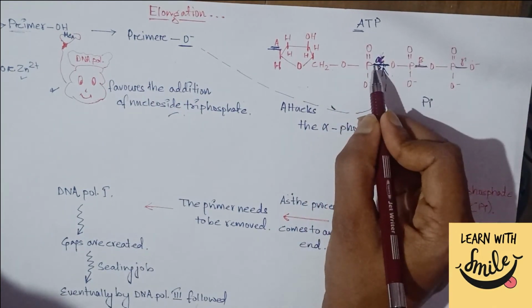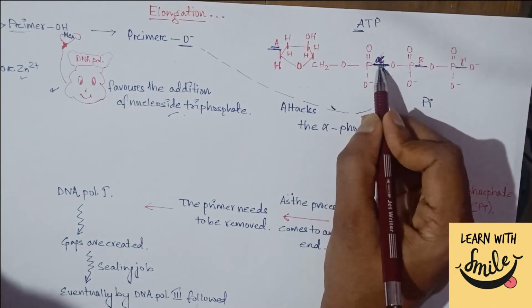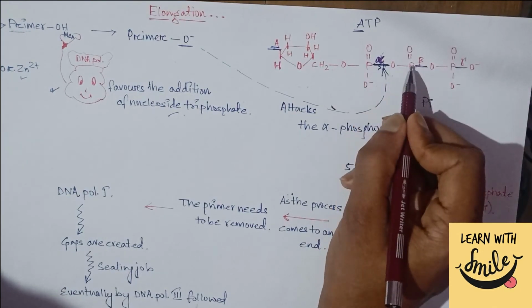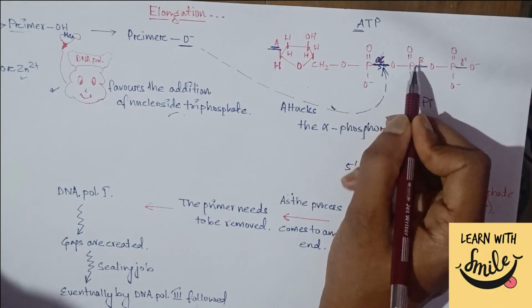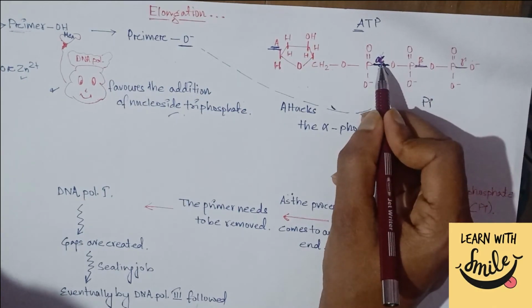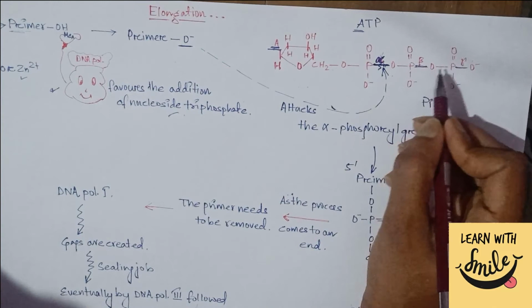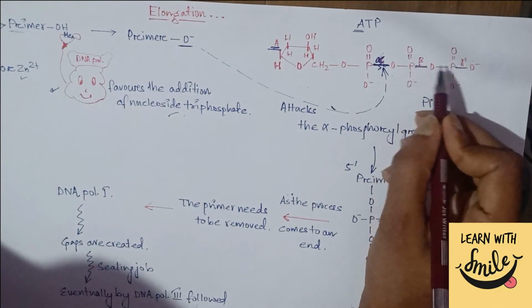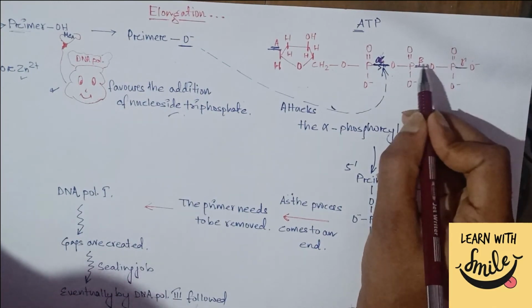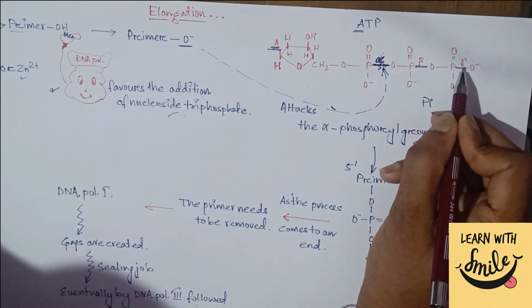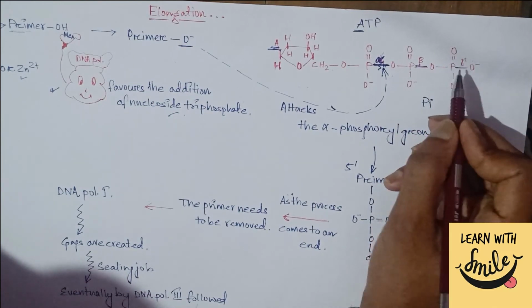Now as you can see, the bond where the first phosphate is associated with the second phosphate is known as the alpha bond. The bond where the second phosphate is associated with the third phosphate is known as the beta bond, and the last bond is known as the gamma bond.